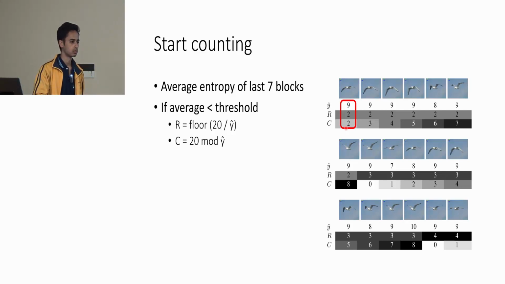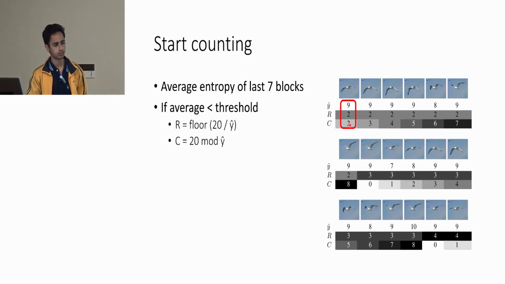It's not that clear, so go through it slowly. From here you get 9, and then you get the R. First R is 2 and C is 2, then when it changes, C becomes 3.